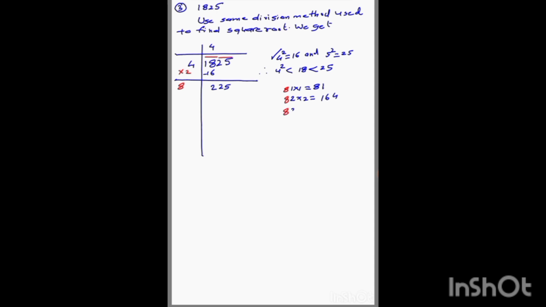Just to understand it, I have given it in red. 83 into 3 is 249. Yes, it is 249. 84 into 4, but you need not go ahead because we have already crossed 225. So take the lesser one. So 82 into 2 is 164. Now subtract this number. What you get is 61.